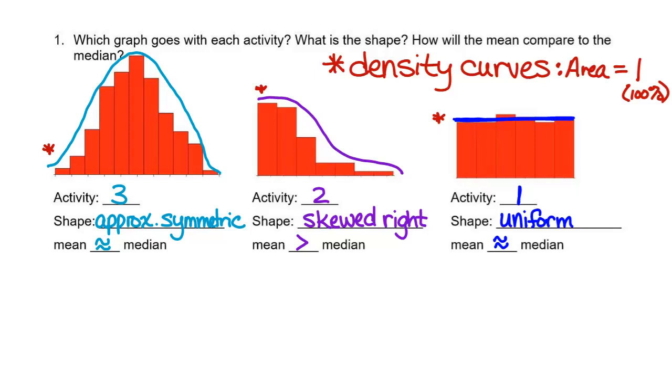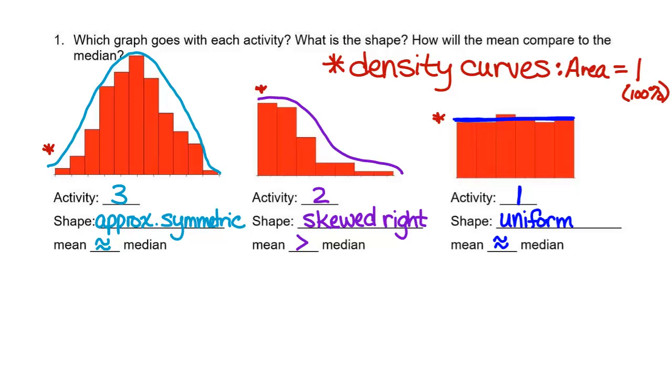Because the area underneath a density curve is always going to be 1, when I add up all of my relative frequencies, it adds up to 100%. We can use the location in that density curve to figure out about what percentile we're at.